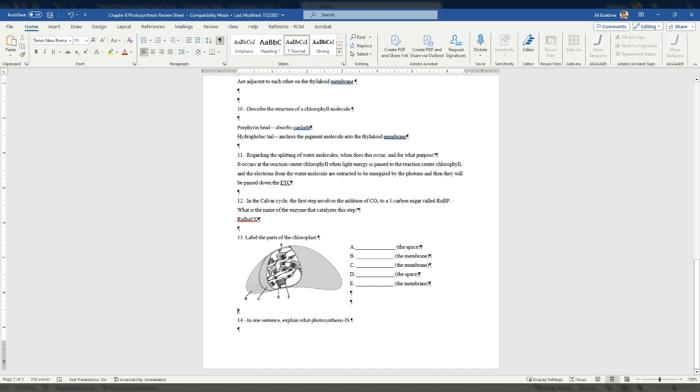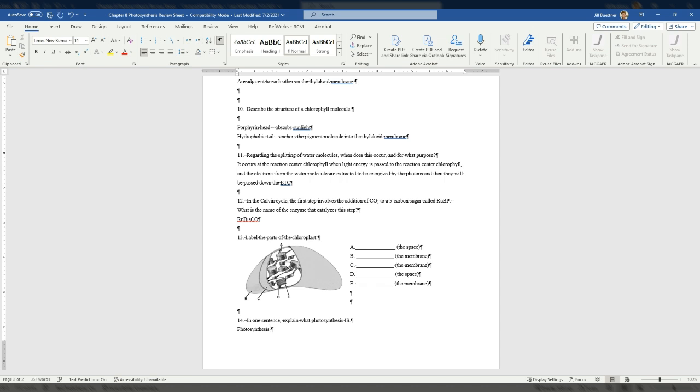Okay, let's label the parts of the chloroplast. I'm just going to speak this out. On 13, A is the stroma, B is the outer membrane, C is the inner membrane, D is the thylakoid space or thylakoid lumen, and E is the thylakoid membrane. 14, what is photosynthesis?